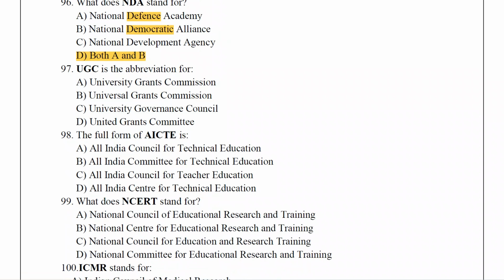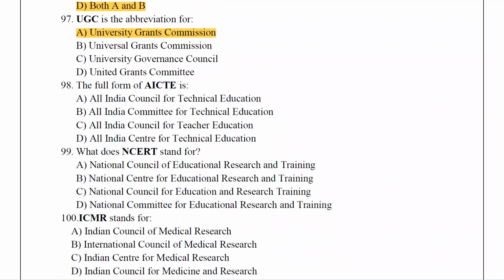UGC is the abbreviation for University Grants Commission. The full form of AICTE is All India Council for Technical Education.